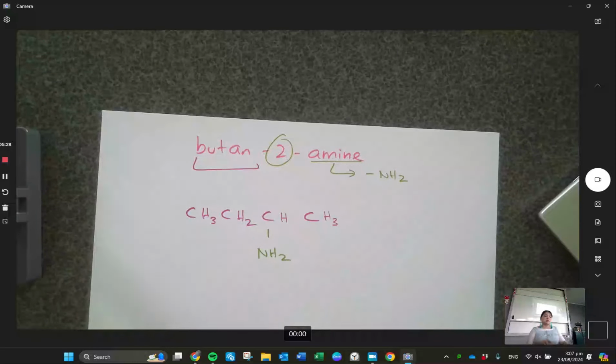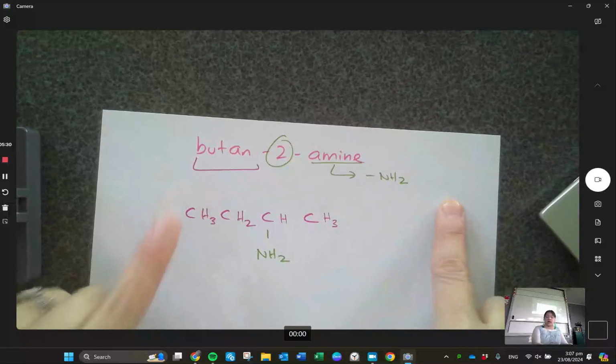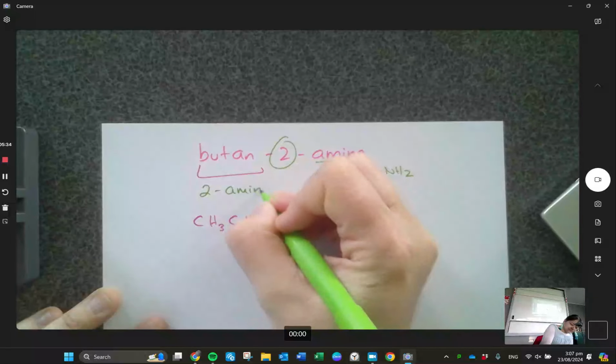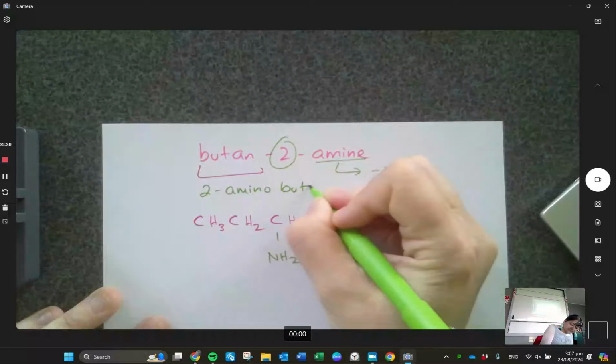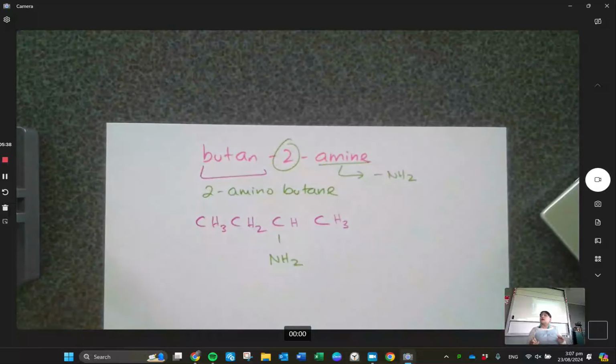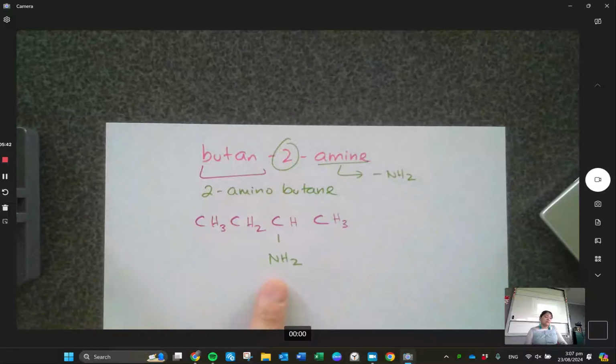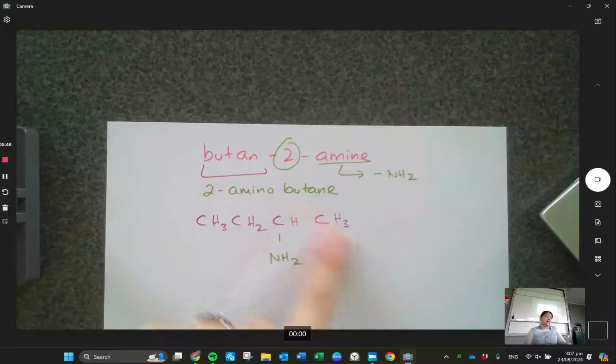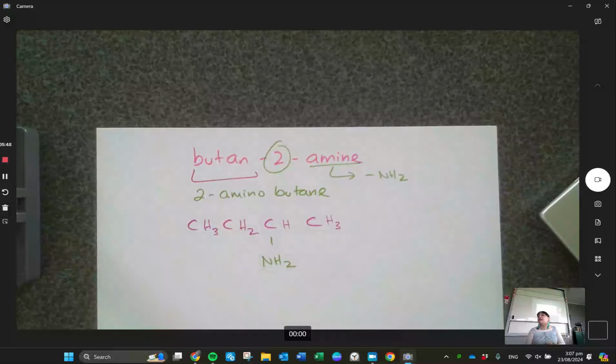That is the other option of how we name that, and that is also correct. Amino means the amine, 2 tells me it's on carbon number 2, and then butane tells me there's 4. So there's 2 different ways you can name that. Both are correct. Are we okay with that?